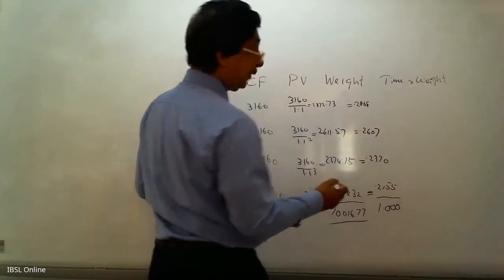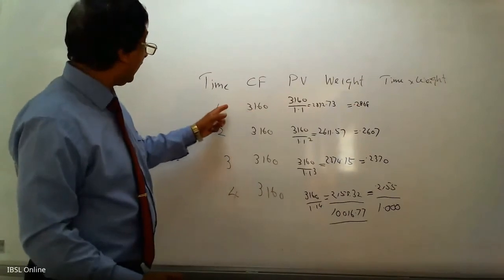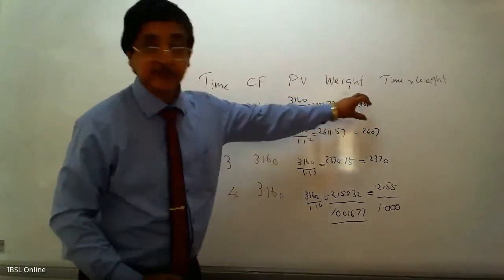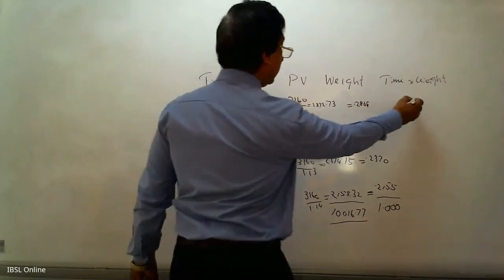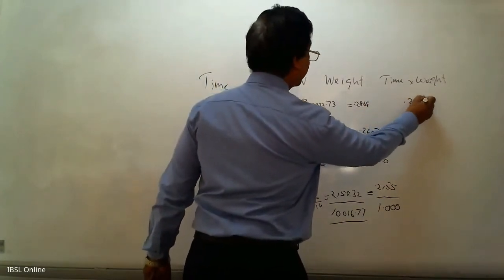Right. Now what we need to do is multiply the time with the weight. For the first line you get 0.2868.